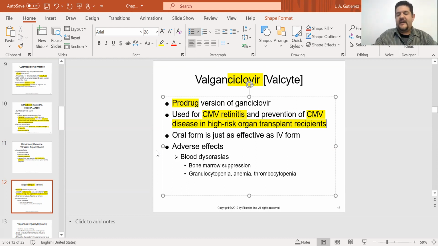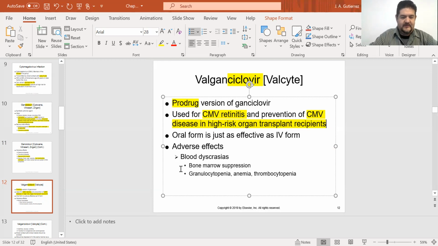So beforehand, I know this patient is going to be exposed to any type of infections. So it's very common in those patients that had a heart transplant to get valganciclovir as prophylaxis to prevent a viral infection like cytomegalovirus.